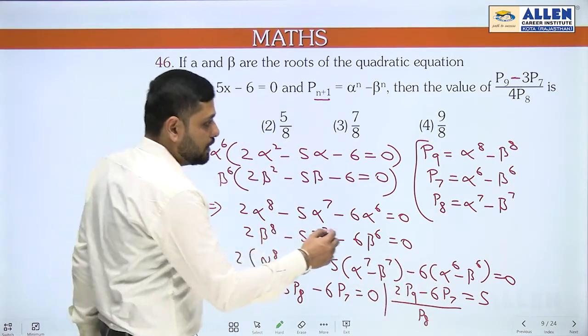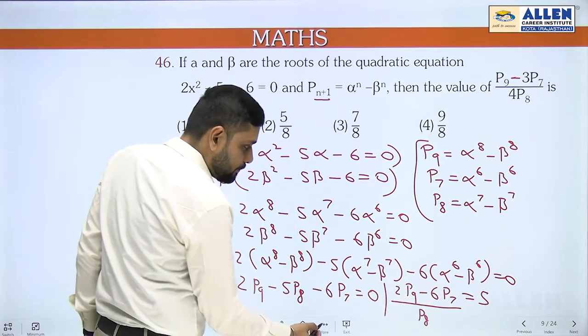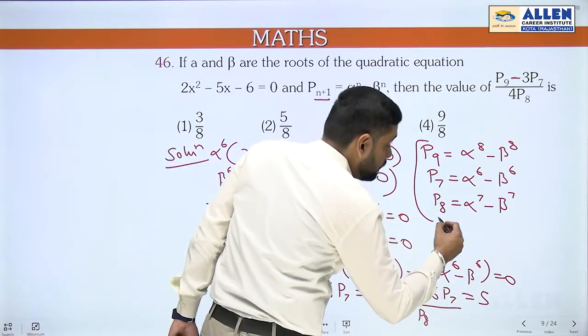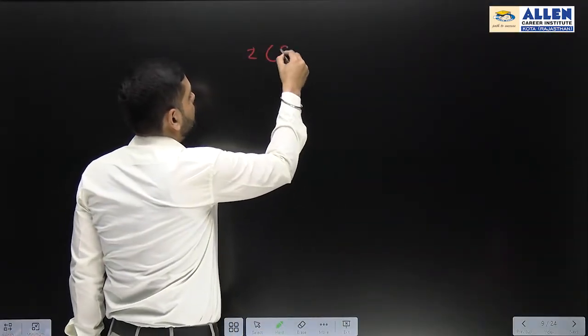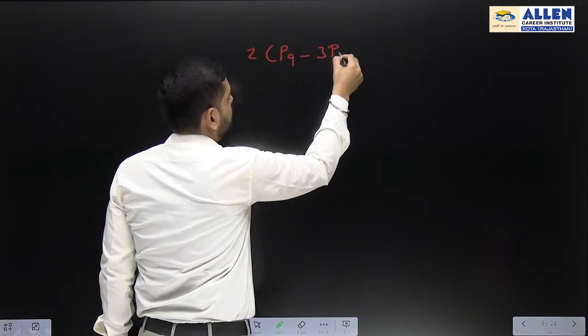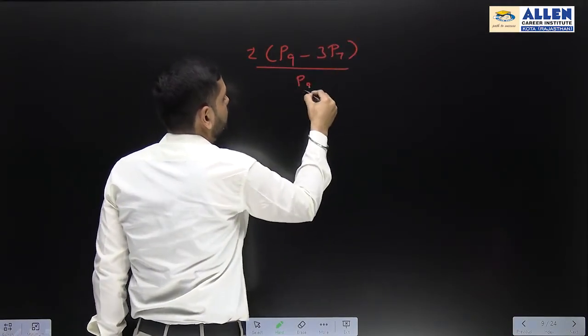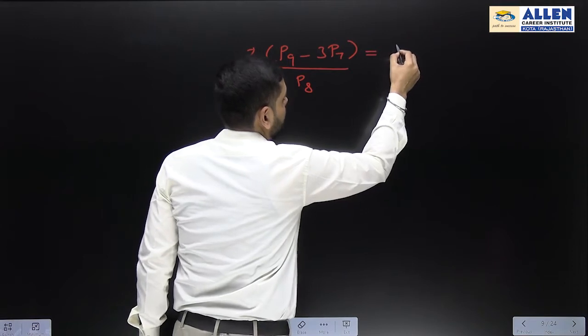If we take 2 common and divide it, we'll get 2 (P9 minus 3 P7) upon P8 equal to 5.